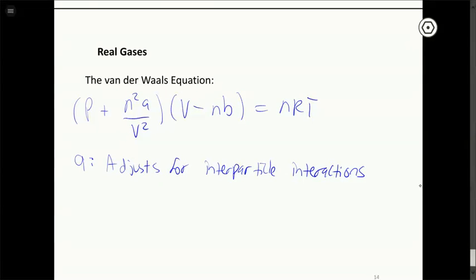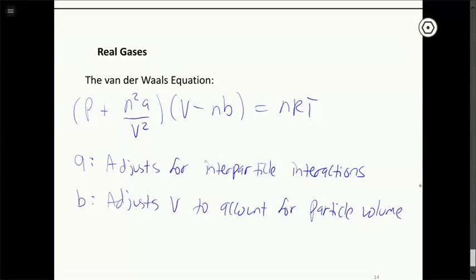And then the B term adjusts for the particle volume. B is the amount of volume that the gas molecules themselves occupy, and we adjust the volume by that.